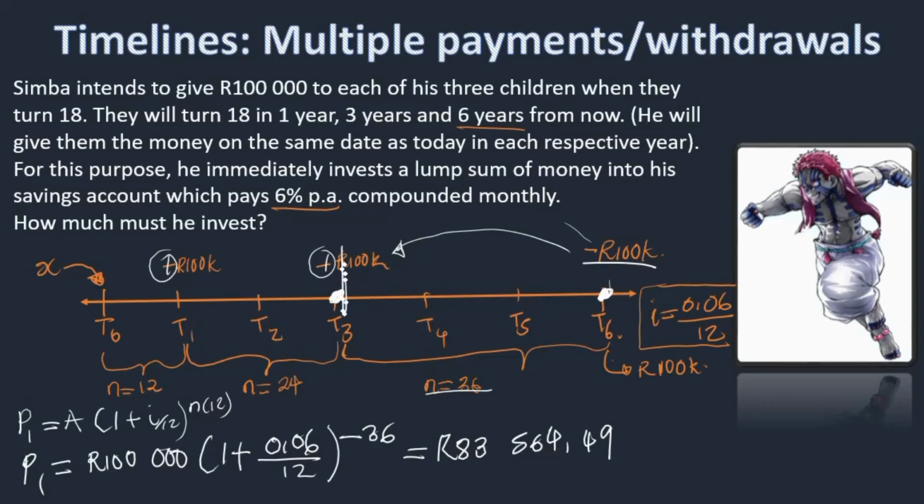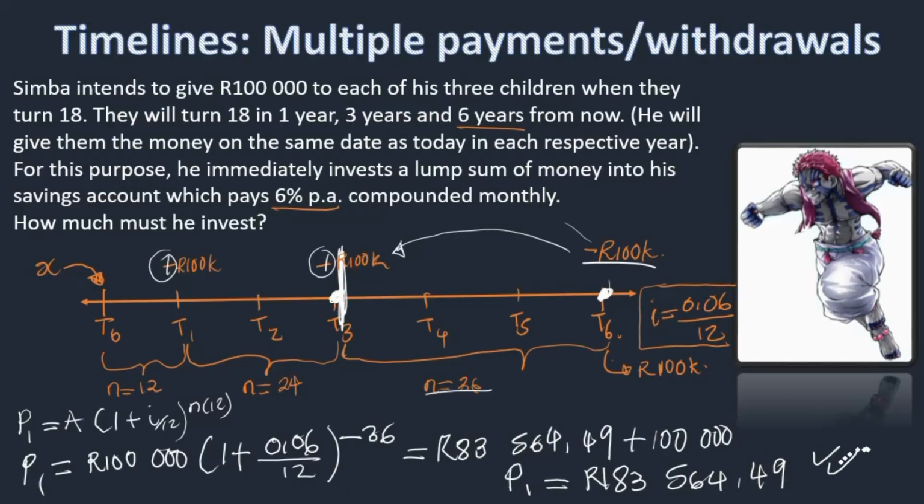And then what happens here exactly at the end of year 3? There must be another 100,000, and because I'm moving backwards, I'm going to count it as a positive. So I'm adding 100k here, and then I know that my P1 must equal 183,564.49.